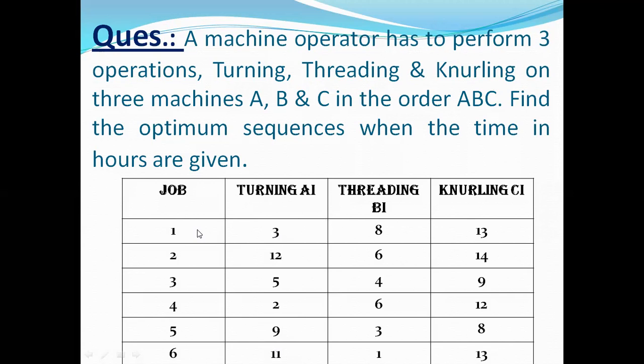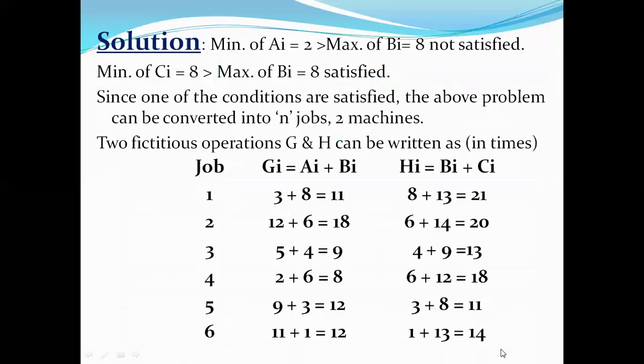So those time variations have been given in the process. For job 1, the time for turning is 3, threading is 8, knurling is 30. Likewise, for the 6 different kinds of jobs, the variations in times have been given. And we will identify them with respect to the conditions that exist. First, the minimum time in the case of machinery A is 2 from the given question.